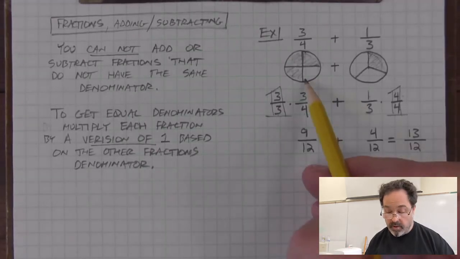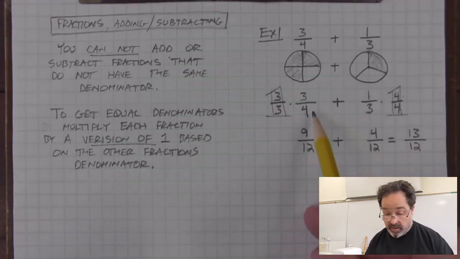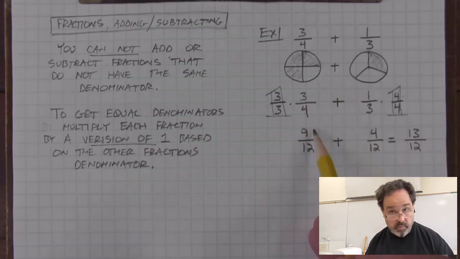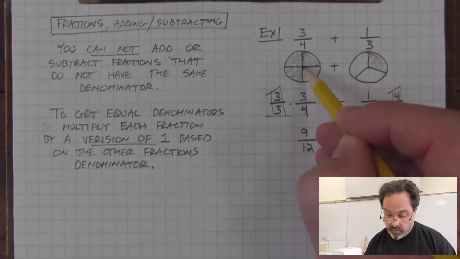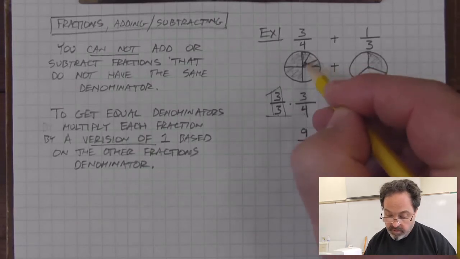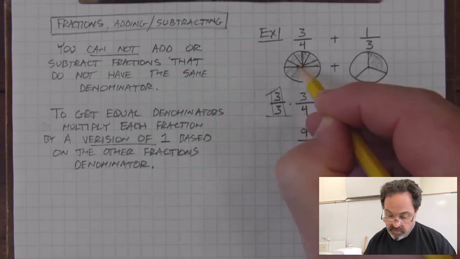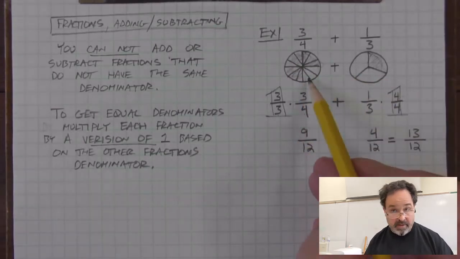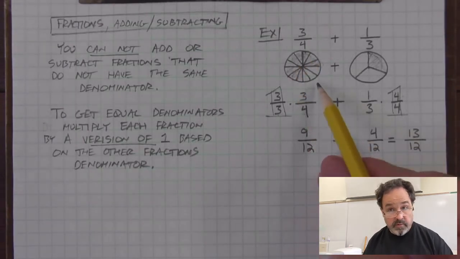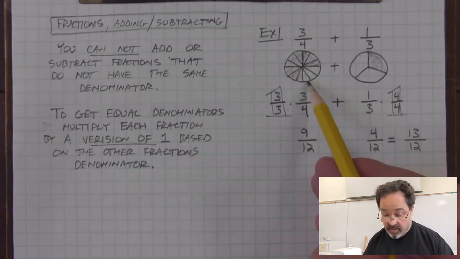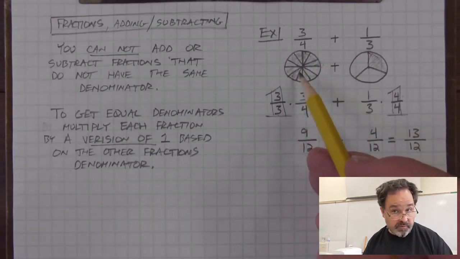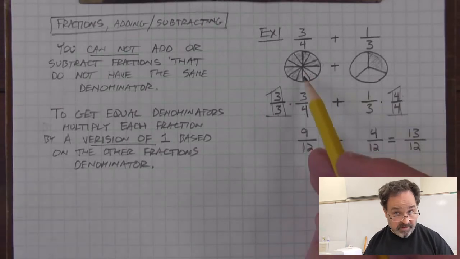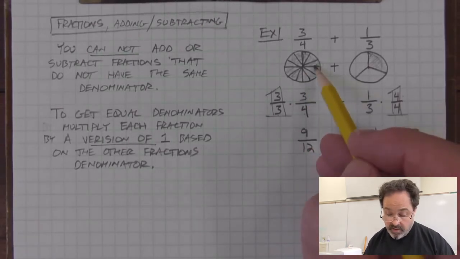In our visual model, what we did by converting the 3/4 into 12ths is the same thing as taking each of these quarters and splitting it up into 3 pieces each, converting the whole thing into 12ths, pieces that have a size that is 1/12 of the whole thing. And how many were shaded? If we started with 3/4 and turned them into 12ths, we have 9 of them shaded.